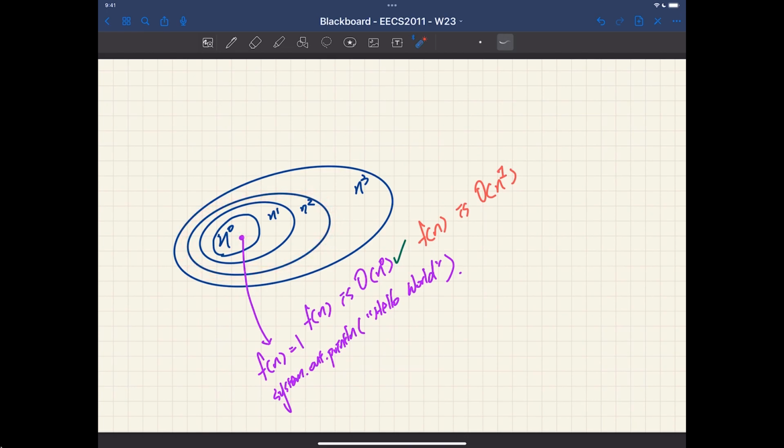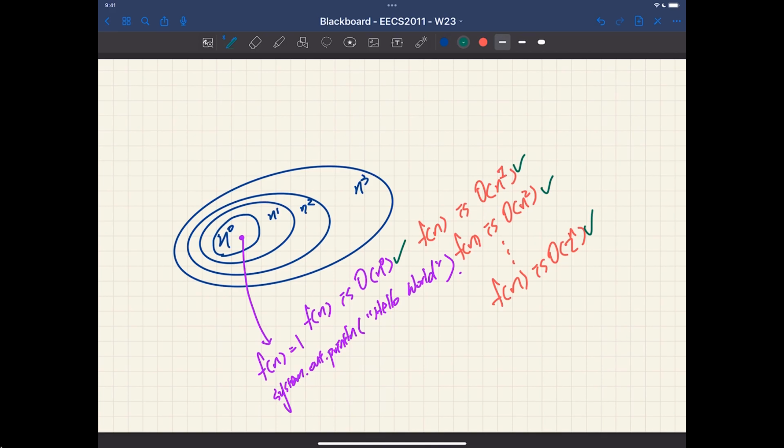I'm talking about correctness only, all right? Also, f of n is big O of n to the power of 2 all the way to f of n is also big O of 2 to the power of n. They're all correct. Let me finish this. Maybe that will answer you guys' question. Out of all the statements that's over here that's correct, there's only one that's the most accurate.